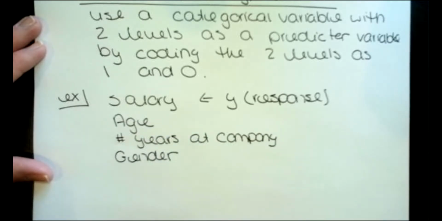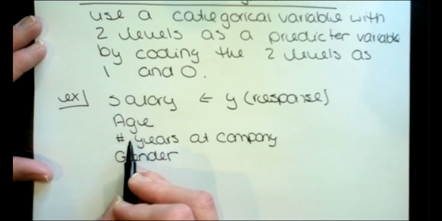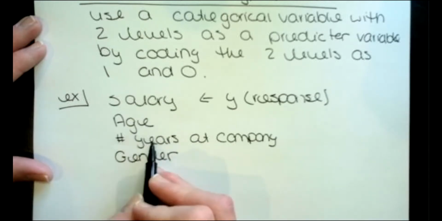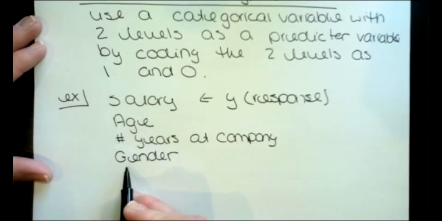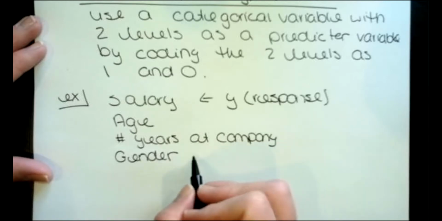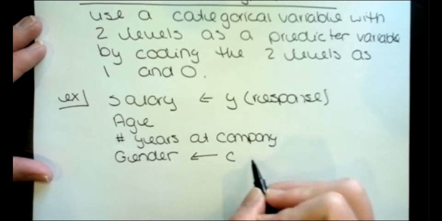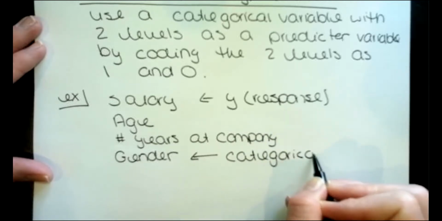So gender is not numerical, right? Age is numerical, number of years at a company is numerical. So that's no problem. That's what we've been doing. Now, if I want to introduce this categorical variable, gender, I'm going to say, okay, this is categorical, then I'm going to code it.